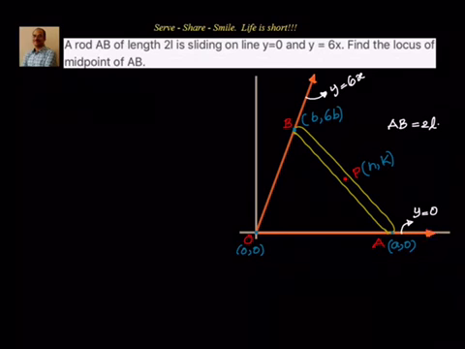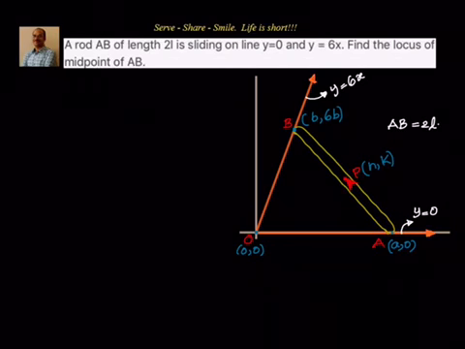Always, to solve locus problems, first we start with variables, then we transform those variables into the locus we want. Here we want the locus of the midpoint of AB. So let us say that point is P, with coordinates h comma k.